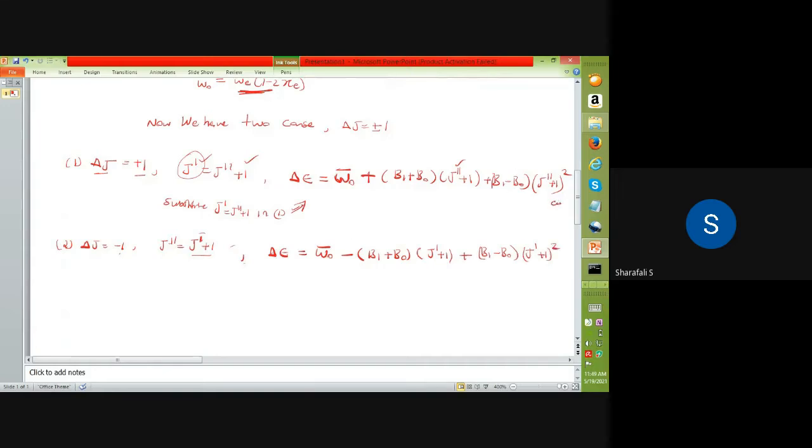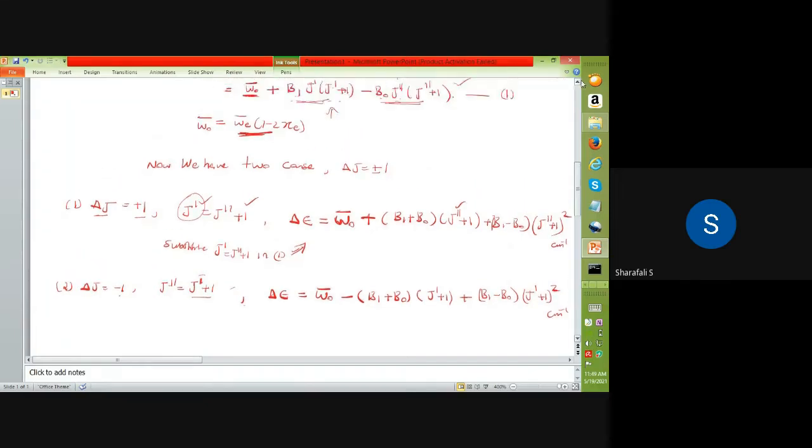So these are in centimeter inverse. So this is not a big task. You just substitute j' equal to j'' in this particular equation, equation 1, then we will get this expression. And if you substitute j'' equal to j' plus 1, then you will get everything in j'.